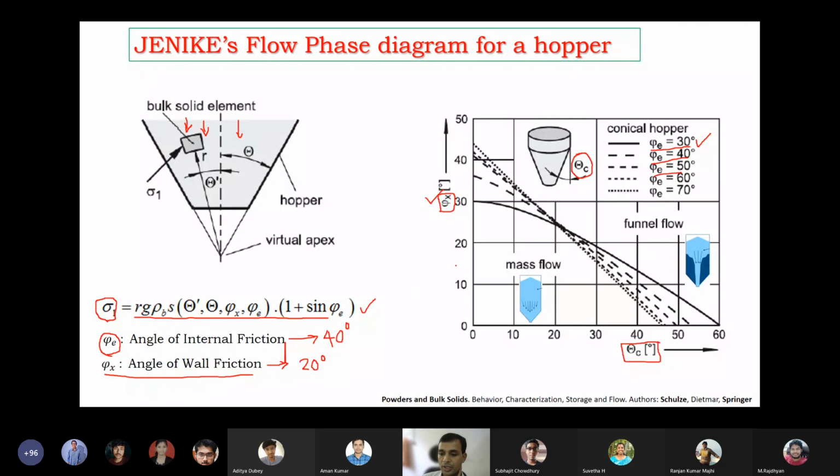The angle of wall friction is 20, and I need to extend from it. Which line do I select? The 40 degree line, which is the double dash line. So this is the line.